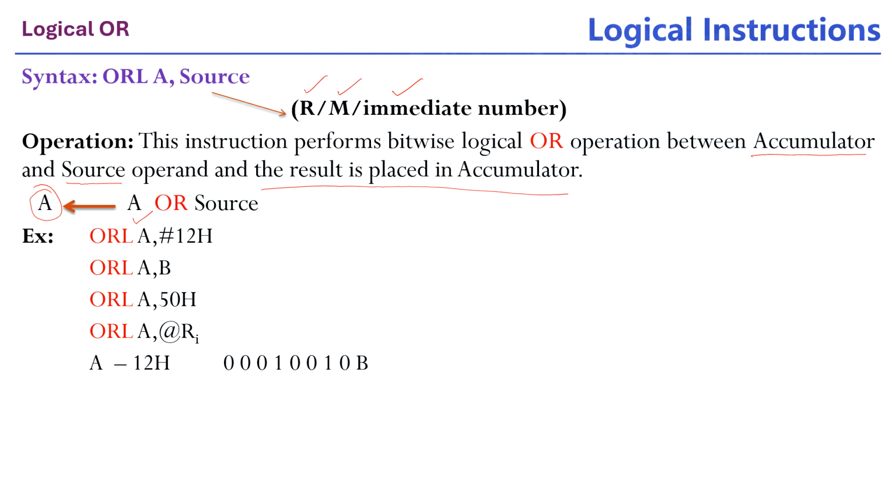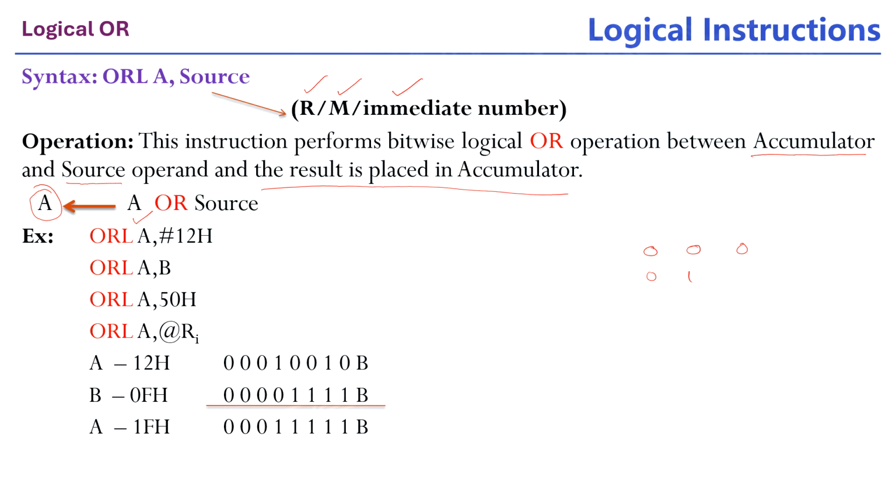Let us see one example. A is having 12H, B is having 0FH. If you perform the OR operation, the OR truth table is: 0,0 gives 0; 0,1 gives 1; 1,0 gives 1; 1,1 gives 1.